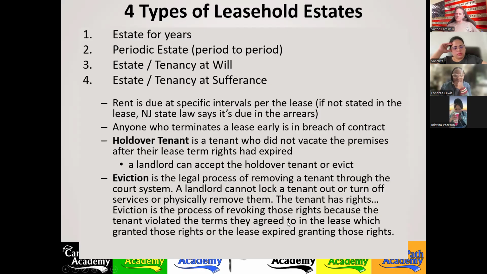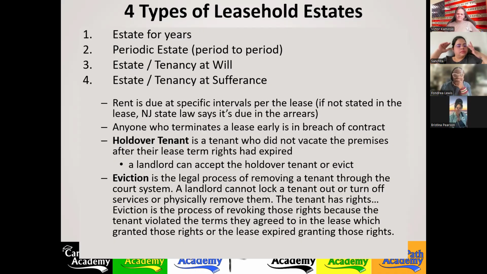Remember, when somebody's got rights, you can't take them from them. But if they violate the terms which granted them those rights, like with a lease, they can be revoked, but not by the landlord, by the court. It still must be done by the court.